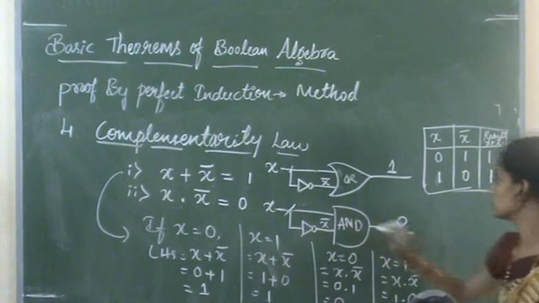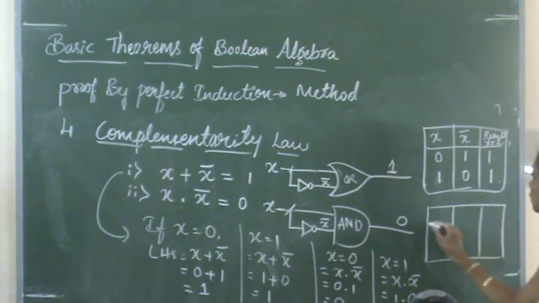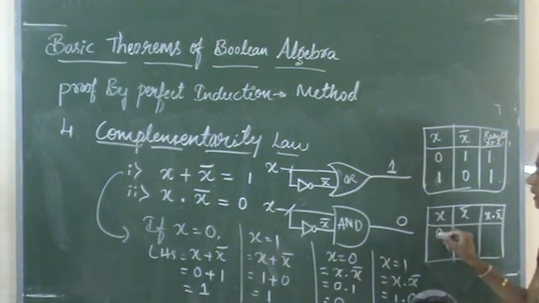So let me see for this one. For x and x bar, the output will be x into x bar, right? If I provide x as 0, x bar will be 1, so 0 into 1 is 0 only.